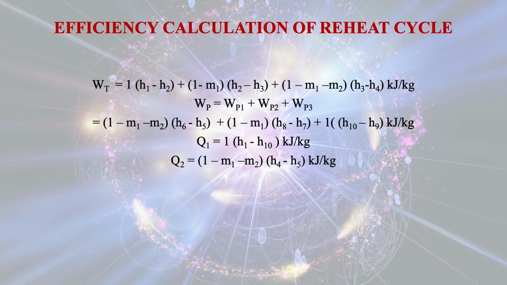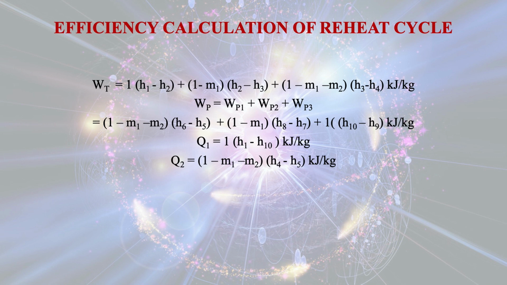So WT is equal to 1 into (H1 minus H2) plus (1 minus M1) into (H2 minus H3) plus (1 minus M1 minus M2) multiplied by (H3 minus H4), and the unit is kilojoule per kg. The first part of the right hand expression for the turbine work is 1 into (H1 minus H2).